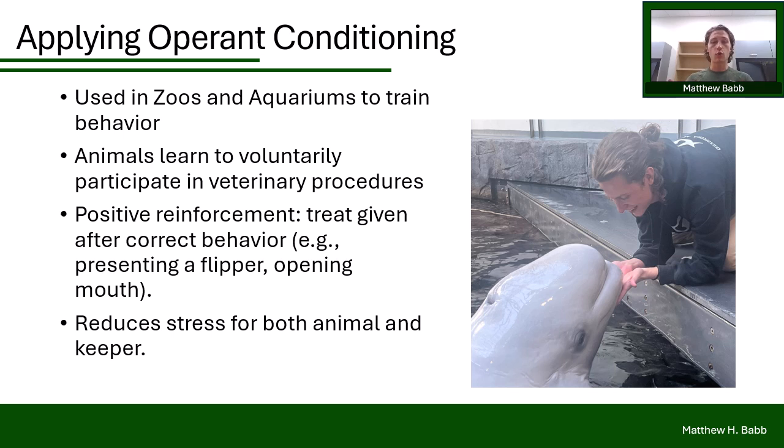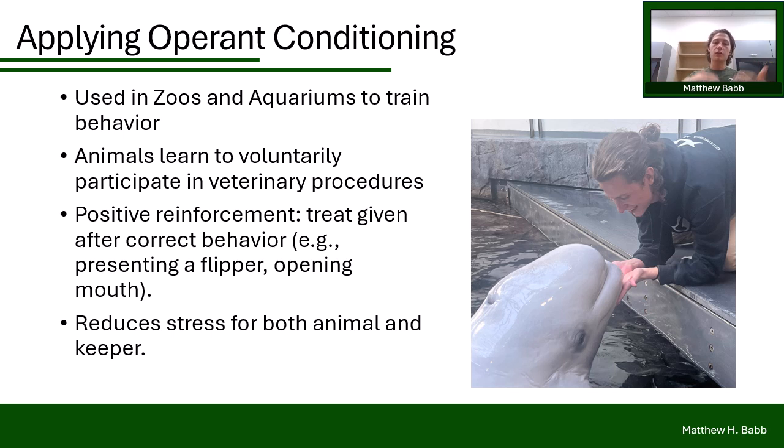And so zoos and aquariums use operant conditioning every single day. Basically animals can learn to voluntarily participate in veterinary procedures through the use of positive reinforcement and operant conditioning, right? So a treat can be given after a correct behavior is performed. For example, presenting a flipper or presenting a hand or an arm for a blood draw, right?